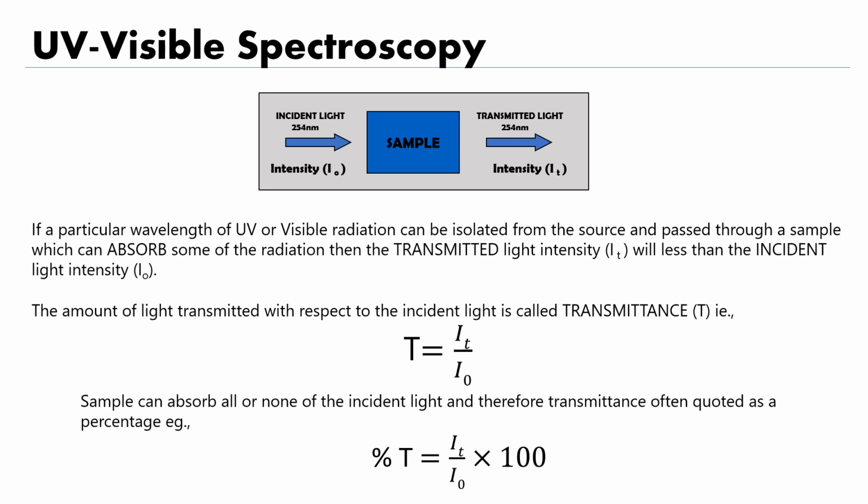So I0 is the incident light intensity and IT is the transmitted light intensity.